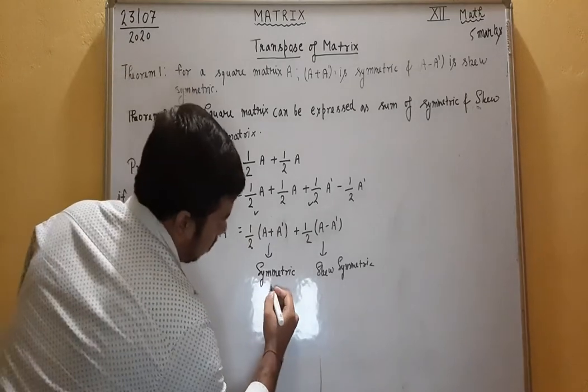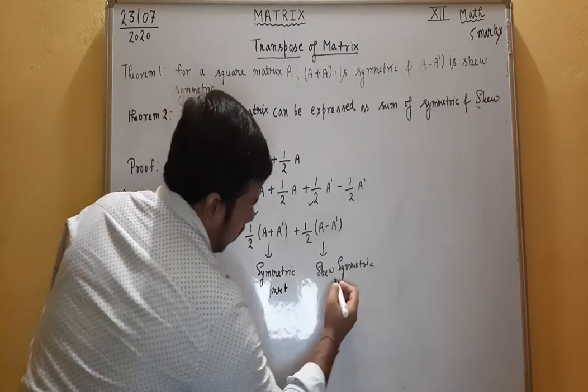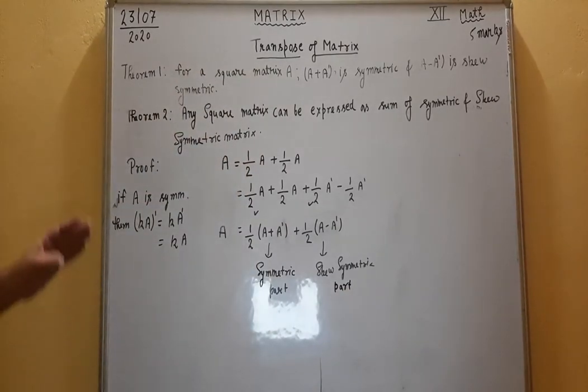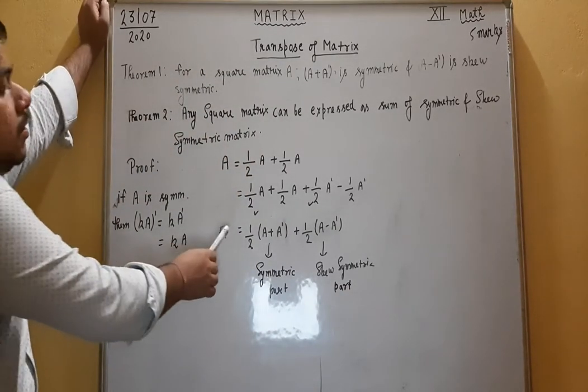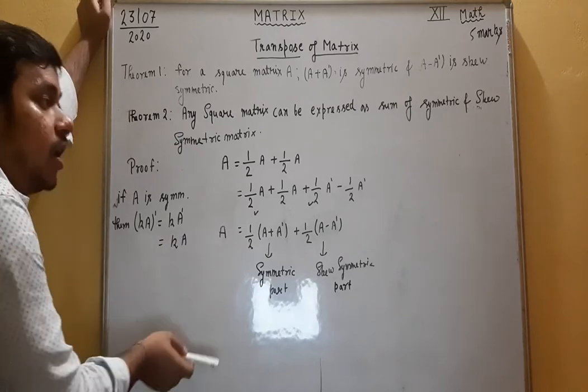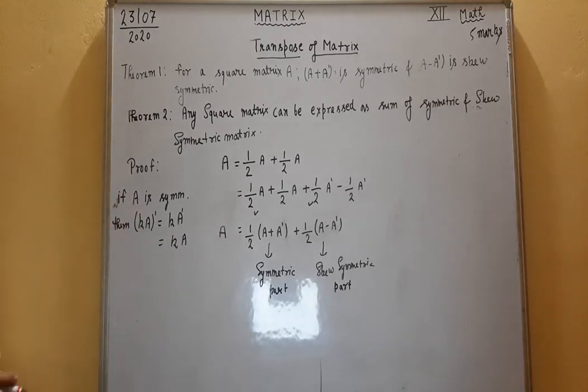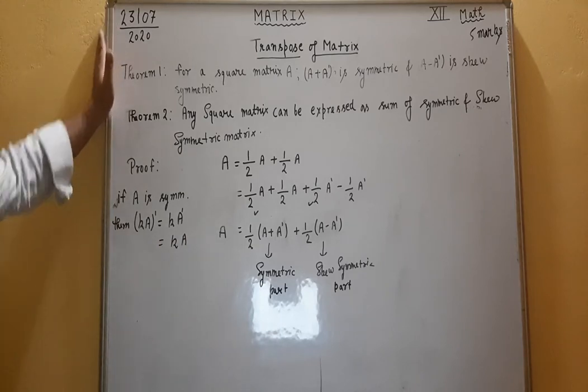This part is called the symmetric part of the matrix and this part is called the skew symmetric part of the matrix. क्वेश्चन पेपर में क्वेश्चन कैसे आता है, वो आपको एक मैट्रिक्स गिवन होगी, आपको उसका सिमेट्रिक पार्ट और स्क्यू सिमेट्रिक पार्ट कैलकुलेट करके बताना होगा. These are two theorems based on the transpose of the matrix.